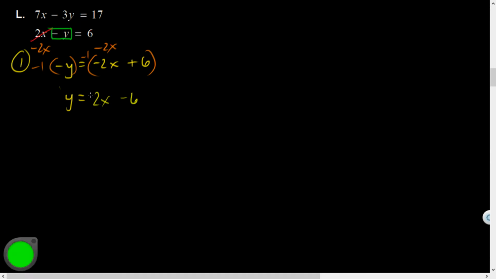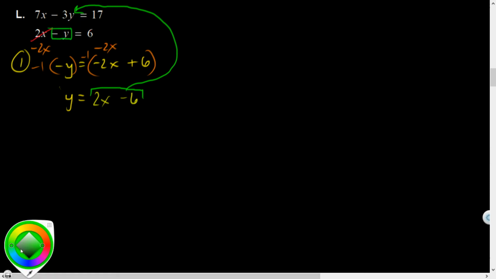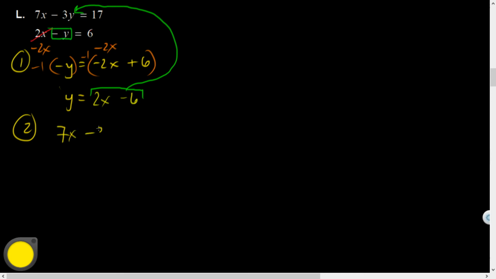And if these two things are equal, then that means I can plug it in to the other equation for that variable. And the benefit of that, that's the whole substitution part right there, is that I get a single equation with a single type of variable, right? So I'm plugging in 2x minus 6 for that y.